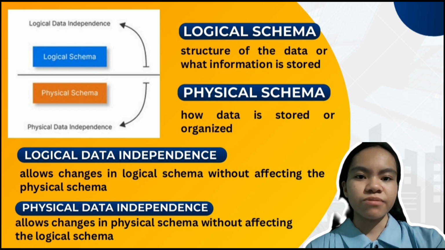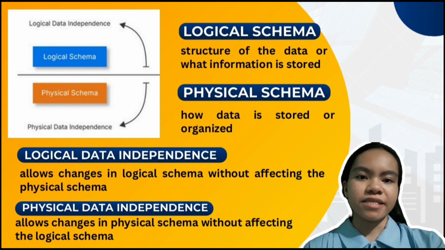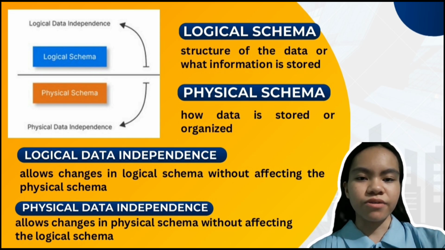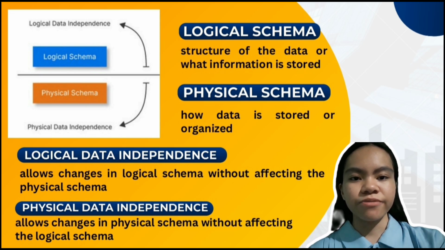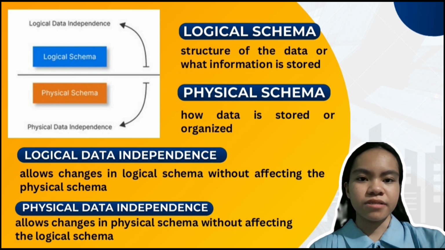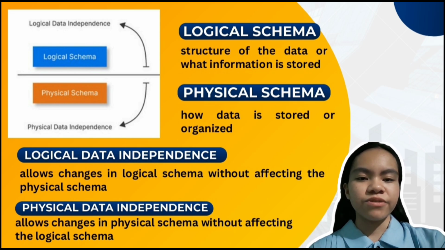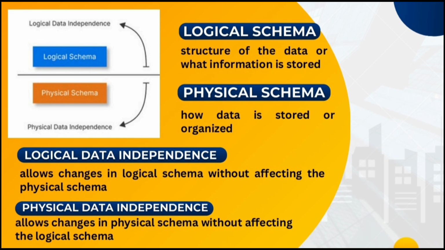However, the changes we made do not affect its physical storage. On the other hand, when we say physical data independence, it means if you want to make changes in the physical storage, such as upgrading the hardware to improve its performance, it would not affect the logical structure. Also, the way we view the data stays the same.